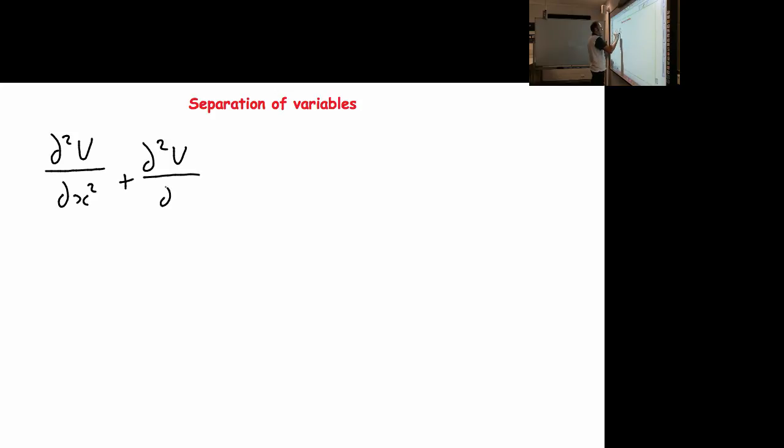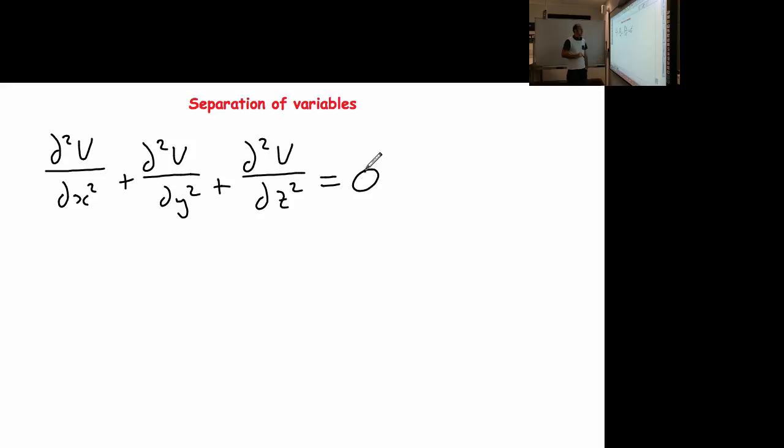And we do this, we're looking for a solution that is a product of functions, each of which depends on only one coordinate. So let's just write up Laplace's equation again. It's going to be equal to 0.